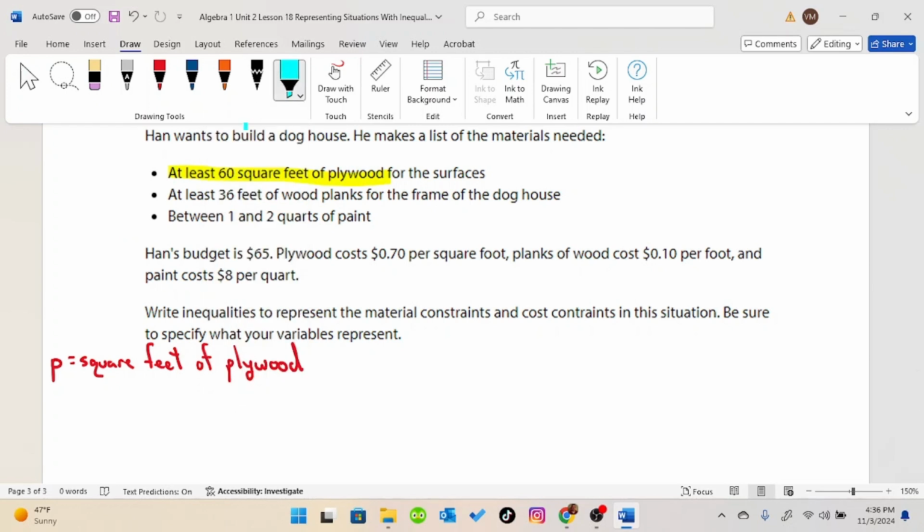Next, we know we need at least 36 feet of wood planks. So I'm going to use W to represent feet of wood planks.